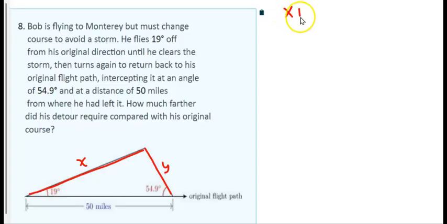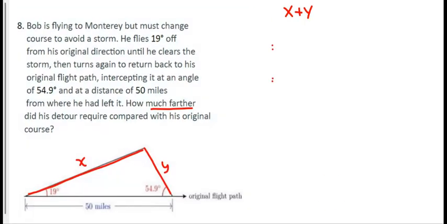So what we're looking for is the sum of x and y, and then how does that compare to the 50 to get to the answer of how much further? So I probably would first find the third angle, because we're going to need that angle to help set up a law of sine problem. We'll have an angle and opposite side pair. So 180 degrees, subtract away the 54.9 and the 19, makes the third angle 106.1 degrees.